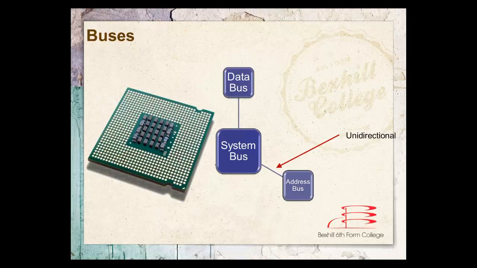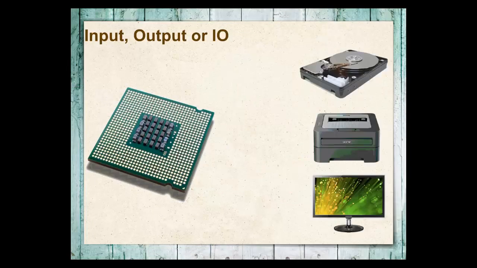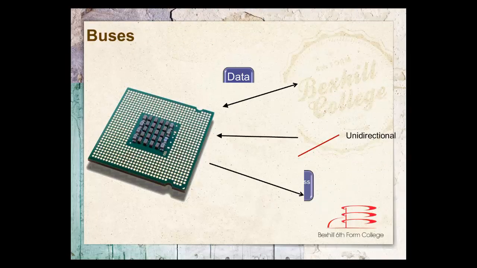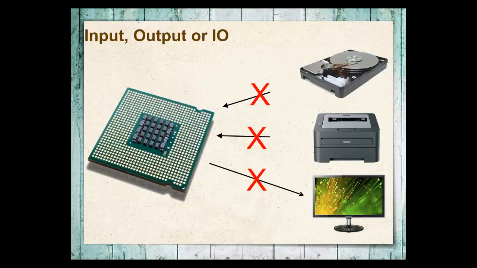We can have lots of things connected to our processor. We can have a hard drive, we can have a printer, we can have the monitor. Except as I said before, you actually can't connect any of those directly to the processor.